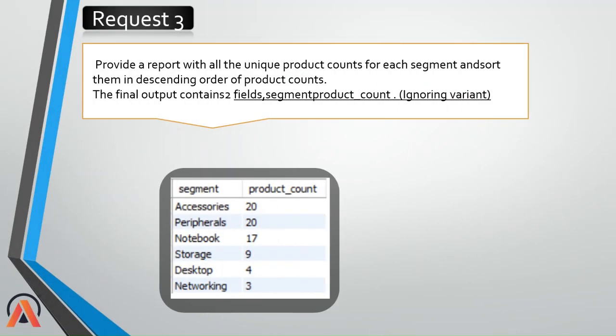Request number 3. Provide a report with all the unique product counts for each segment and sort them in descending order of product count. Here, we have ignored the variant that is provided in the product dimension table of product.